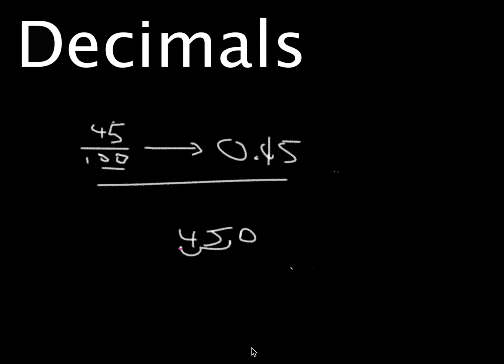Our decimal dot ends up over here, so that would be 0.45. Those are equivalent.